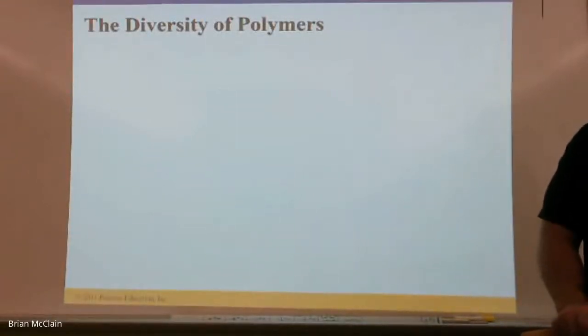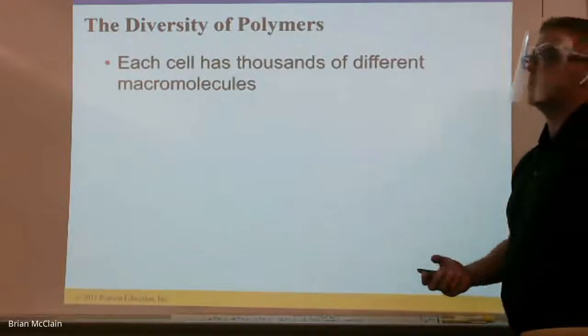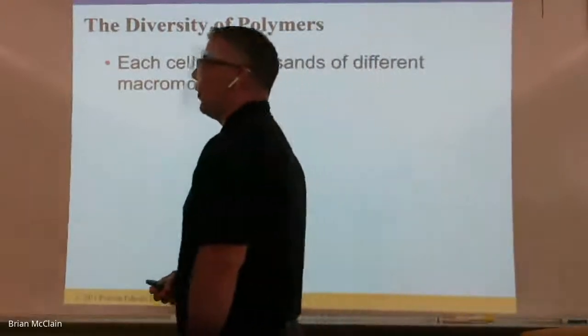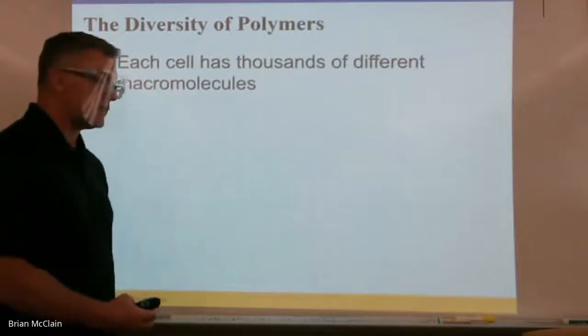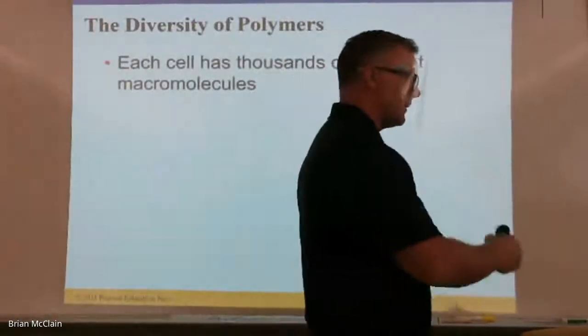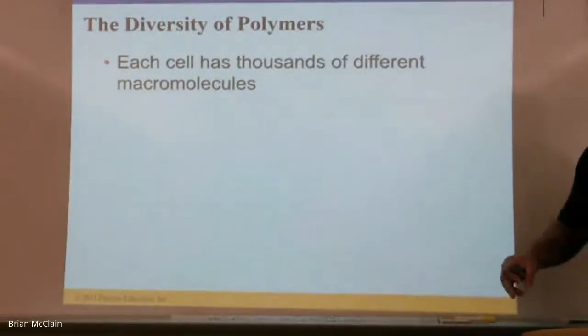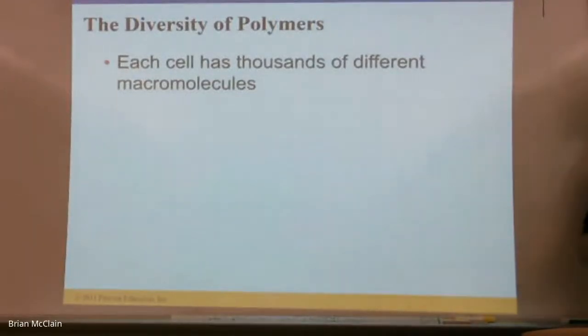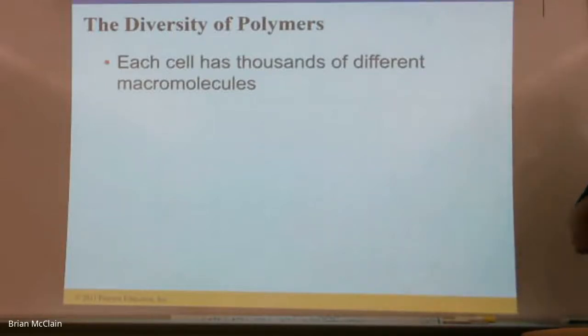All right, so basically what we're going to find out is that when we look at our cells and we start to think about what is inside of our cells, we've got building blocks, and then we've got molecules that are more complex, and they've built up over time. So every cell is going to have lots and lots of these different macromolecules that are going to be populated within that overall cell.